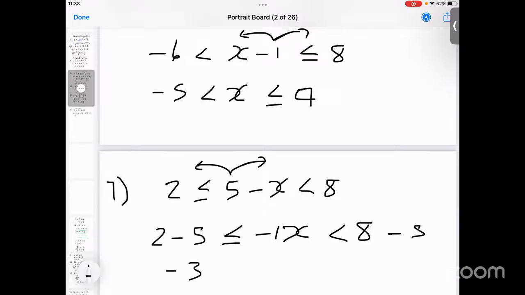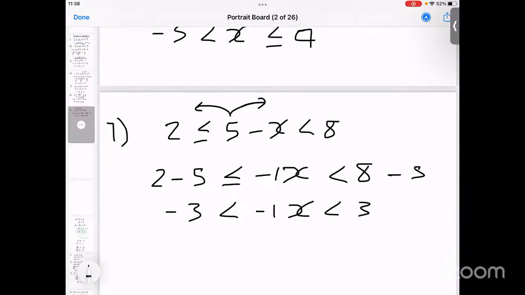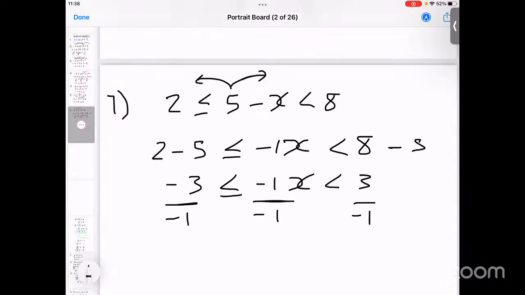This is negative 3, isn't it? Negative 3. And then we can say less. And then negative invisible 1x there. Yes, this and that. Is it 3? I think it's positive 3. So you see now, I'm dividing by a negative sign. The moment I am dividing by a negative sign, that's when these inequality signs will have to change.